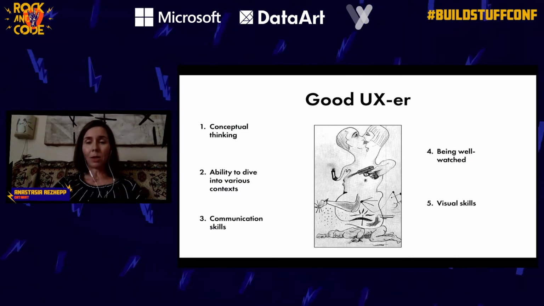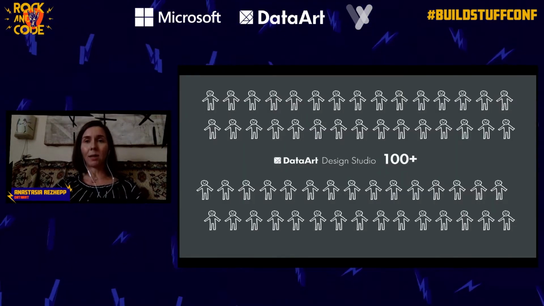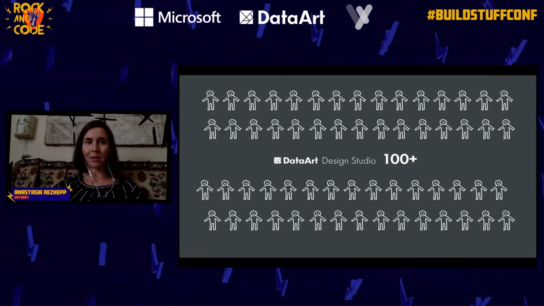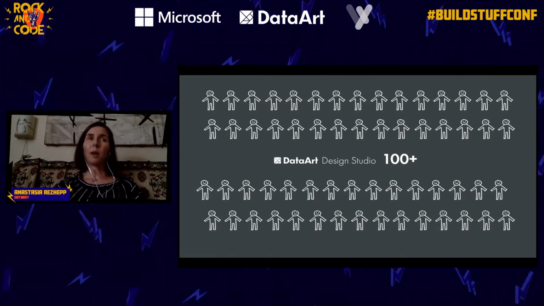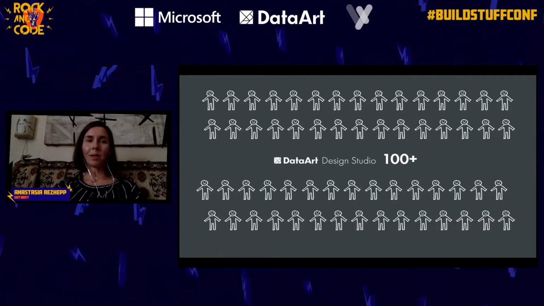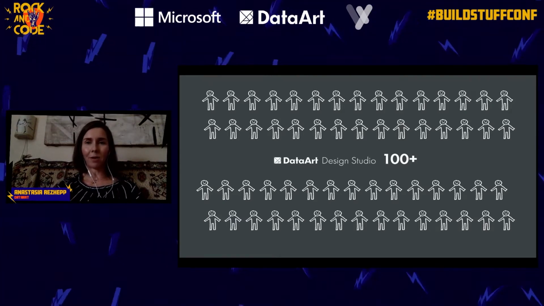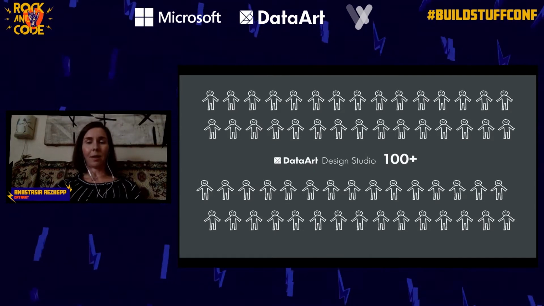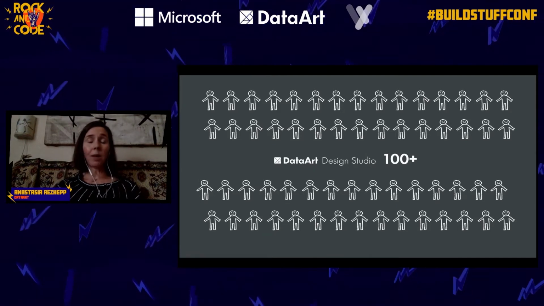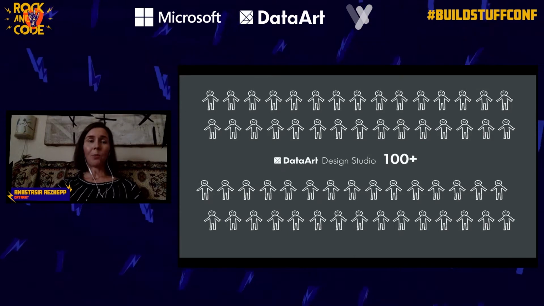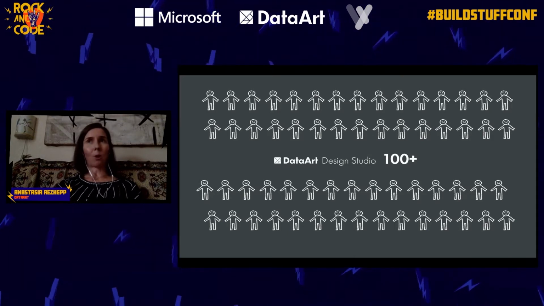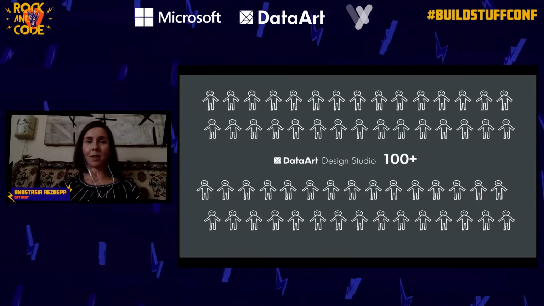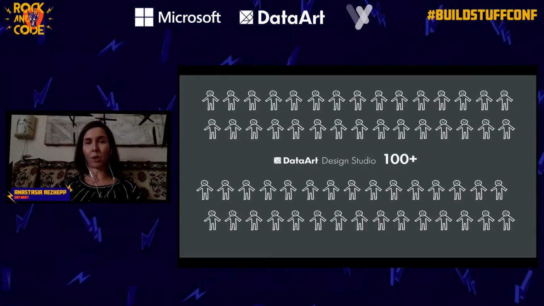I'm talking about it because, as it was said, we have more than 100 people in our design studio. About half of them are designers, but I observe how they interact with their projects and the other people every day. So these are all my own conclusions and observations, and I think that I know what I'm talking about.